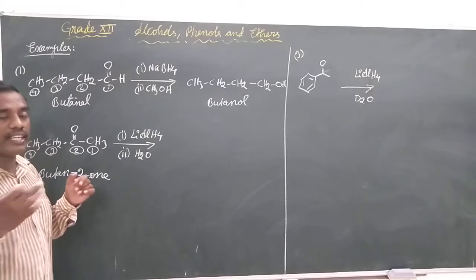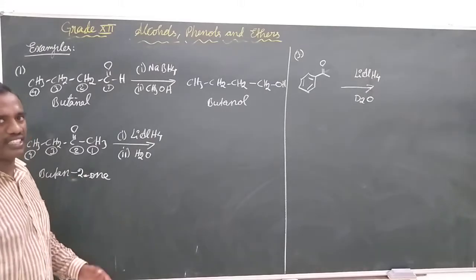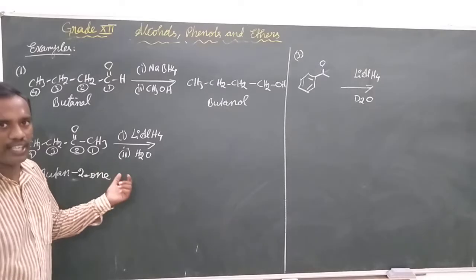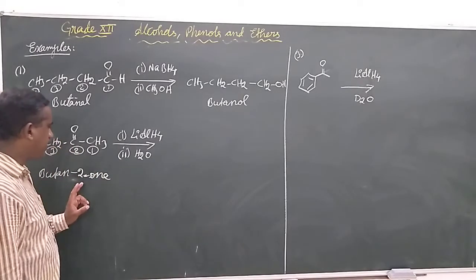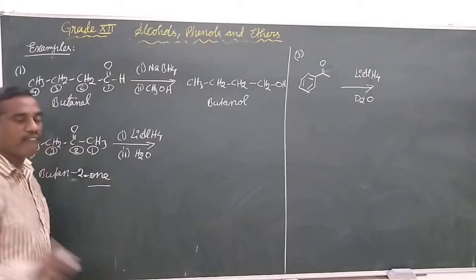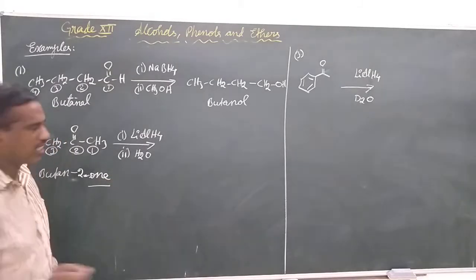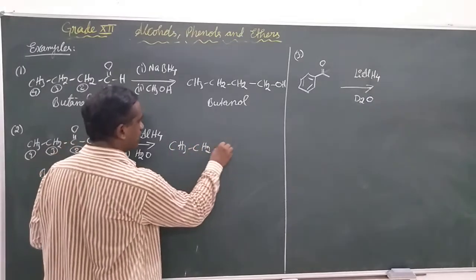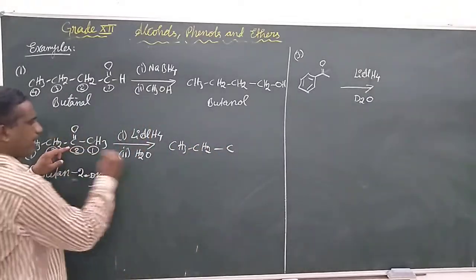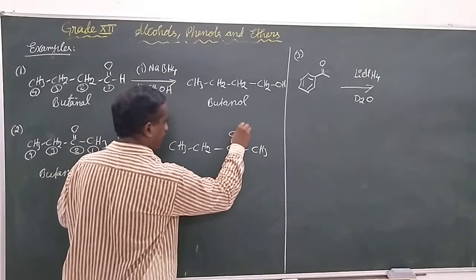Lithium aluminum hydride can reduce aldehyde, ketone, carboxylic acid, whatever it is. But I have just used the solvent water. So here the carbonyl compound, that is the ketonic group, will be reduced only to a secondary alcohol like CH3, CH2, CH, CH3 and OH.